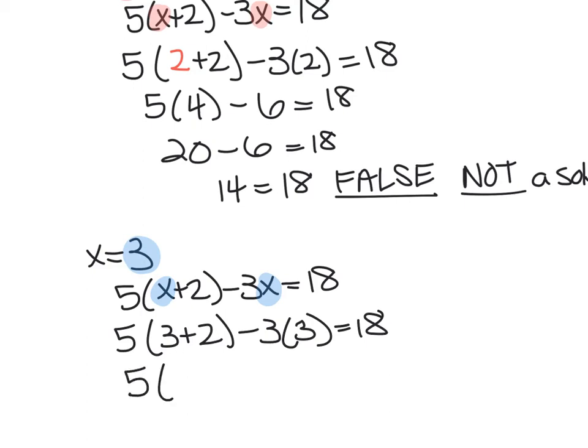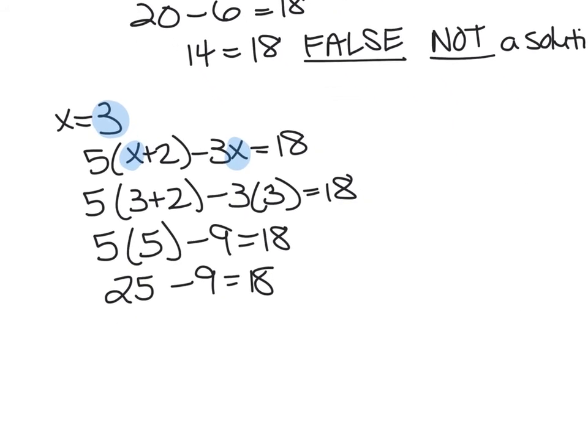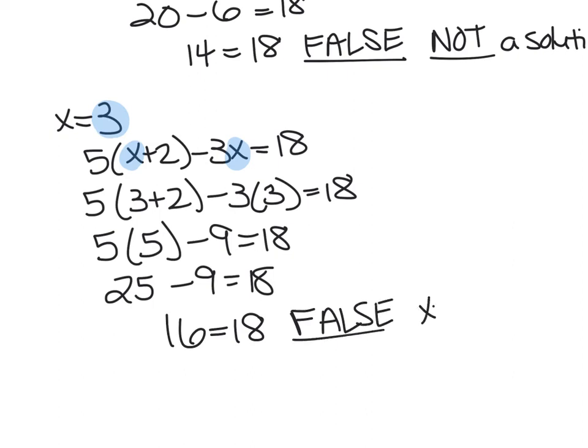So 3 plus 2 is 5. 3 times 3 is 9. 5 times 5 is 25 minus 9. And here, 25 minus 9, we get 16 equals 18. Does 16 equal 18? No, it's false. Which means x equals 3 is not a solution.